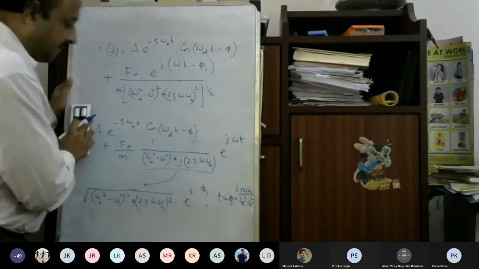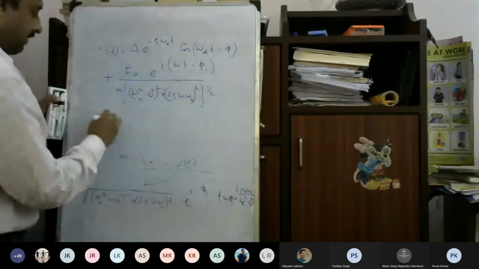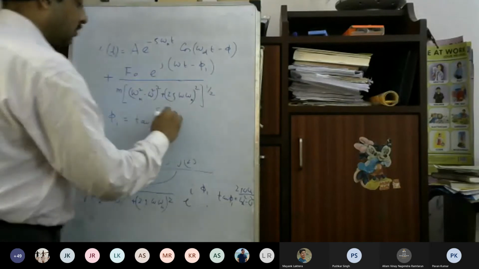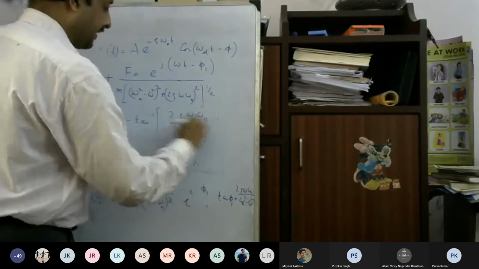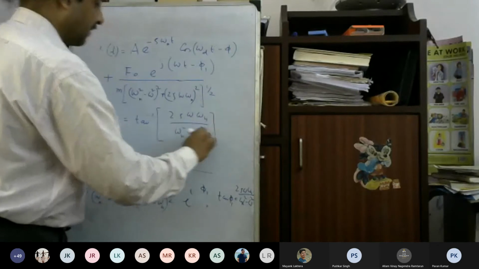So this will be our response. Please note it down. This is the total response, where phi 1 equals tan inverse of 2 zeta omega n divided by omega n square minus omega square.